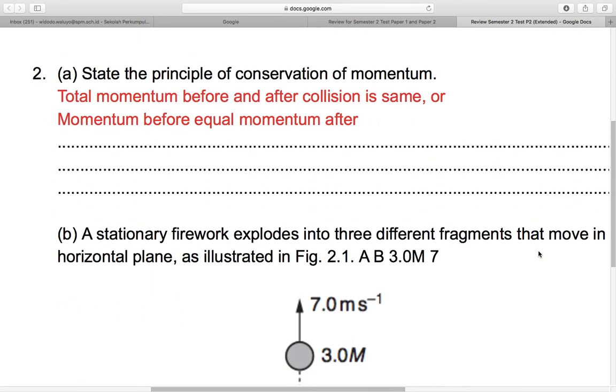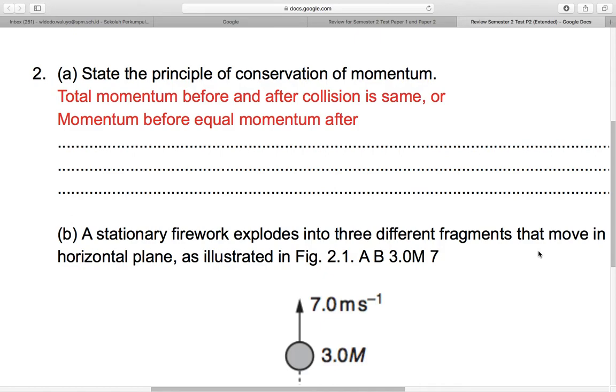Number two, question (a): state the principle of conservation of momentum. Momentum is conserved, or we can say the total momentum before and after collision is the same, or momentum before equals momentum after collision.